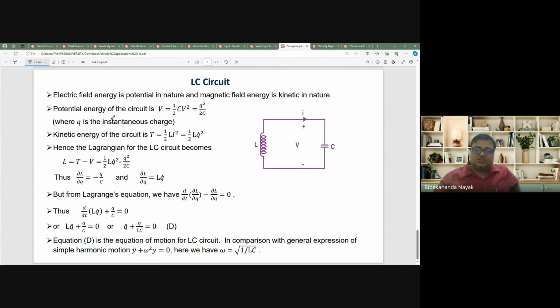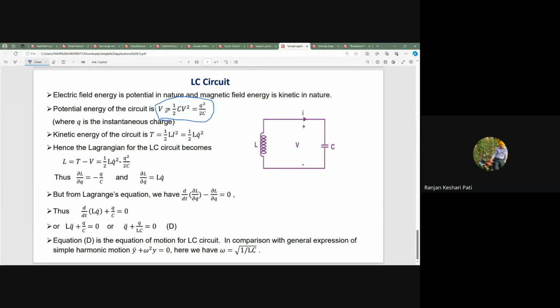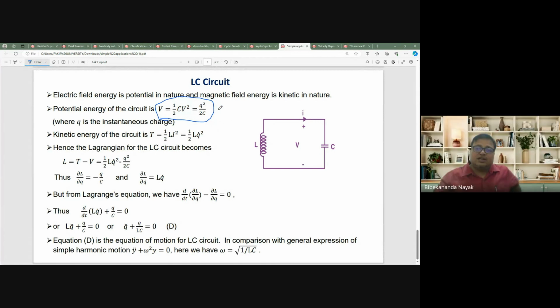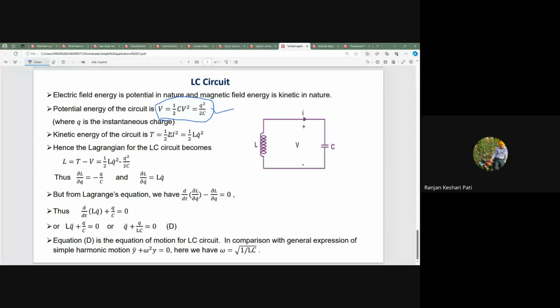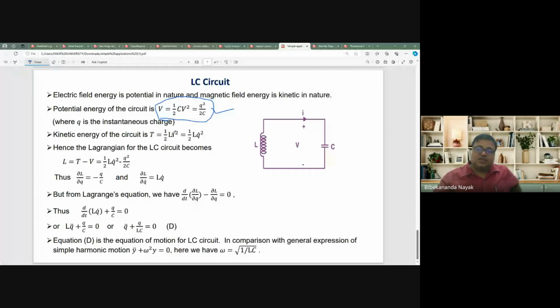Magnetic energy is dynamic, generated by current, the magnetic field being associated with current, which is dq by dt, q dot. But electrostatic energy is charge dependent. So here q is the generalized coordinate, and potential energy is half CV square stored by the capacitor, that is q square by 2C. And kinetic energy is half L i square stored by the inductance, where i is equal to dq by dt.